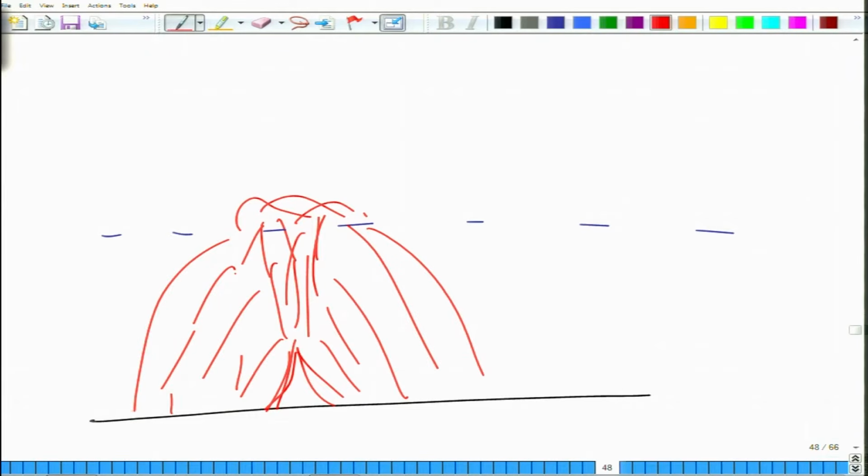Now, because this island was constructed using molten materials, it would not have any species whatsoever on the surface of this island.